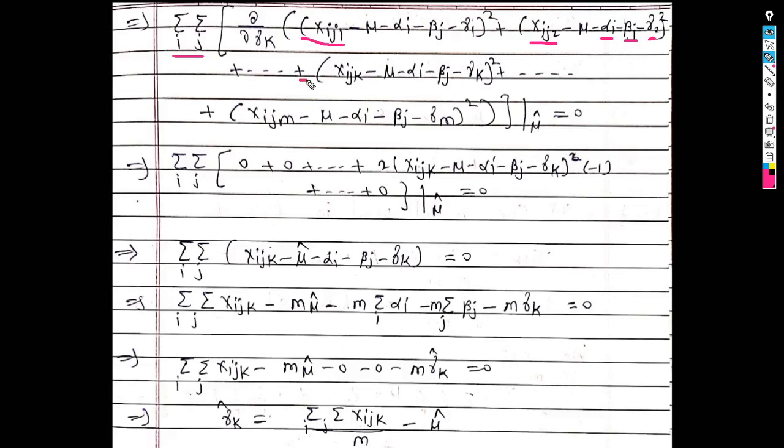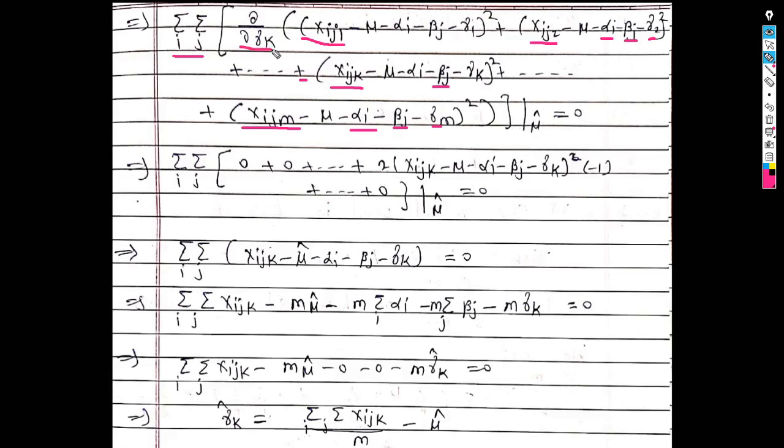Our kth term is [xijk minus mu minus alpha i minus beta j minus gamma k] square plus up to our last term, the mth term, [xijm minus mu minus alpha i minus beta j minus gamma m] square. So complete this square bracket also under the value of mu hat and equate it to 0.